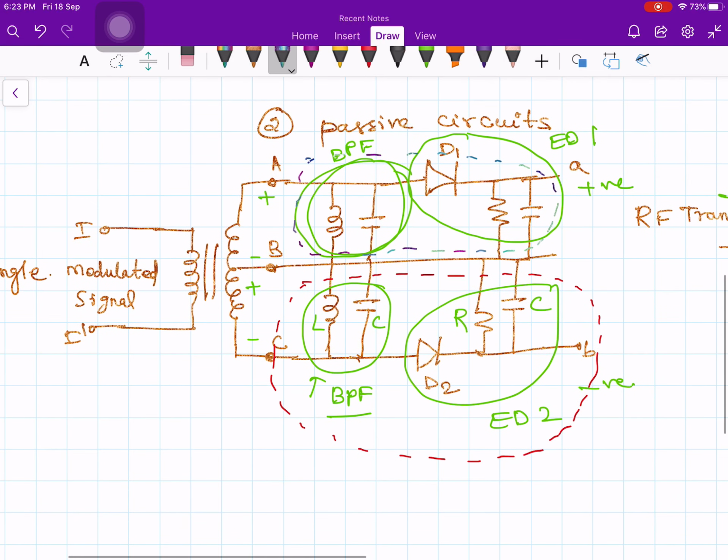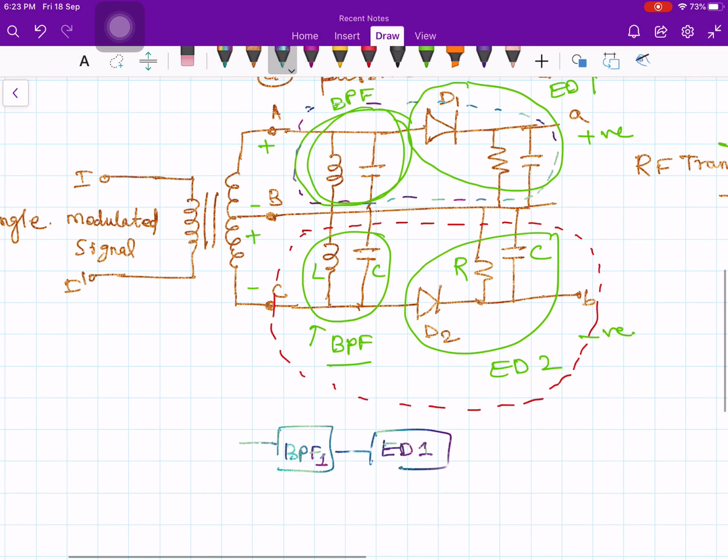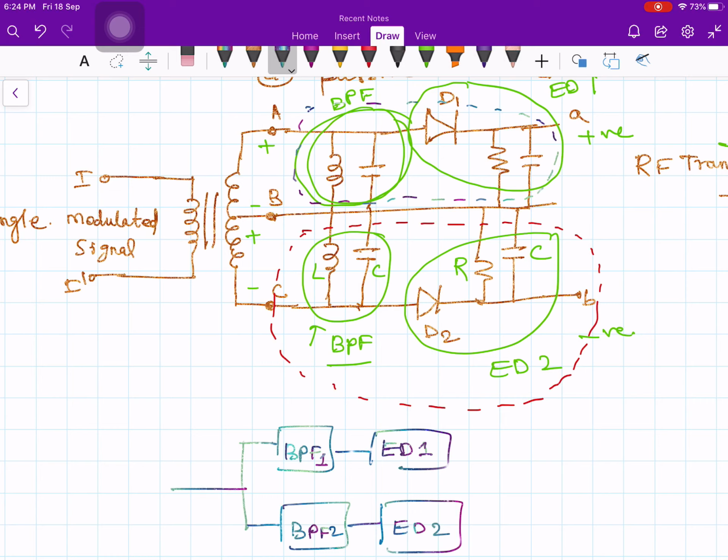So in the upper branch I have band pass filter 1 followed by envelope detector 1. Similarly in the lower branch I have band pass filter 2 followed by envelope detector 2. The same signal is given to both the upper and the lower branch, and add this like that.